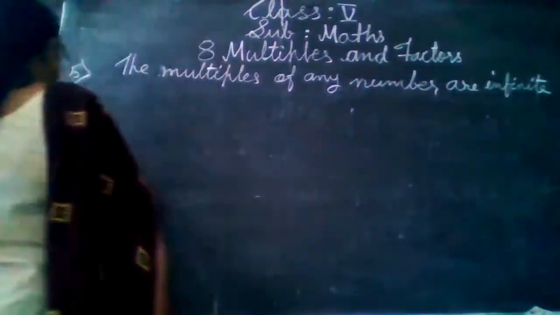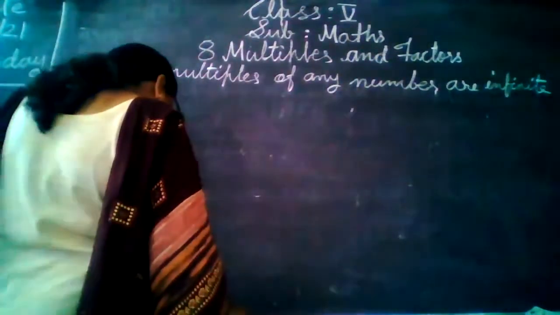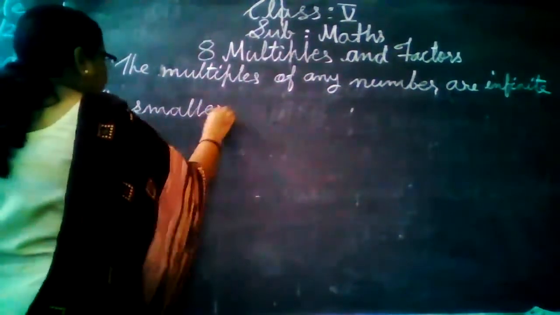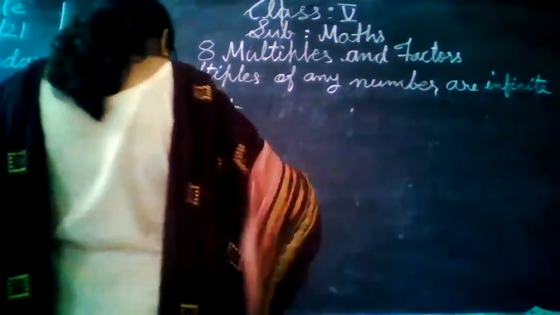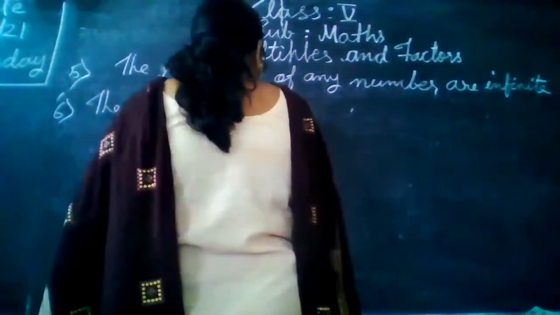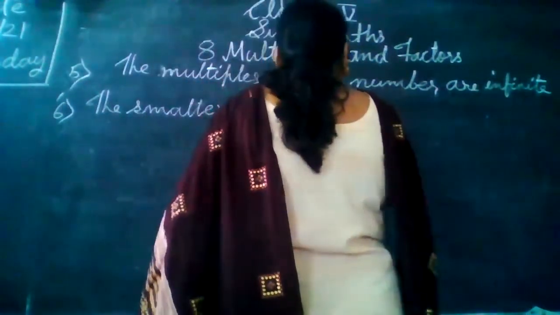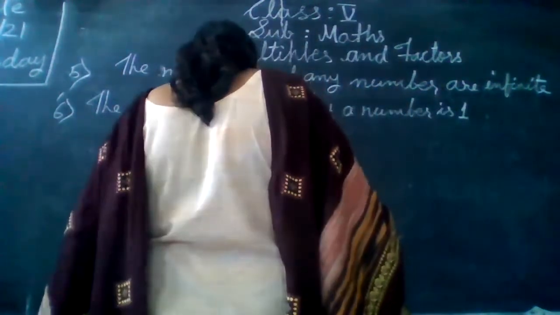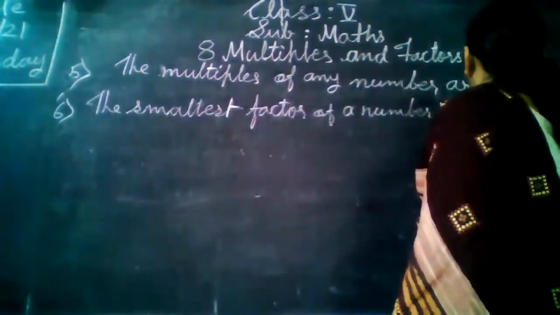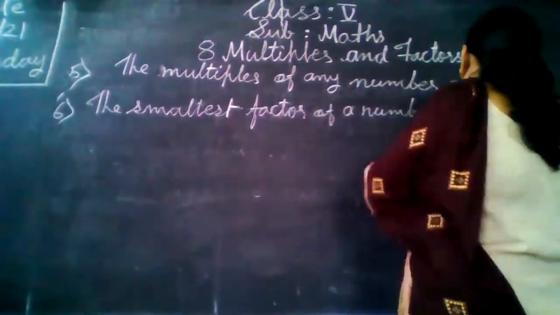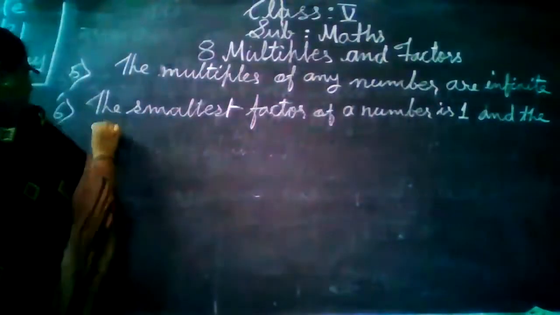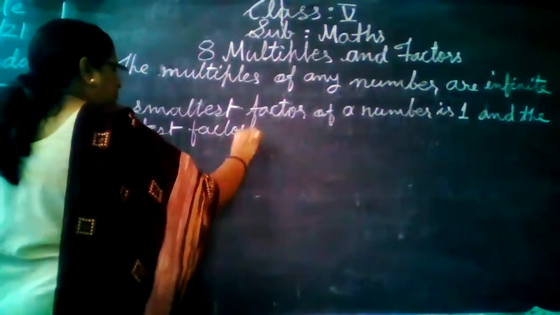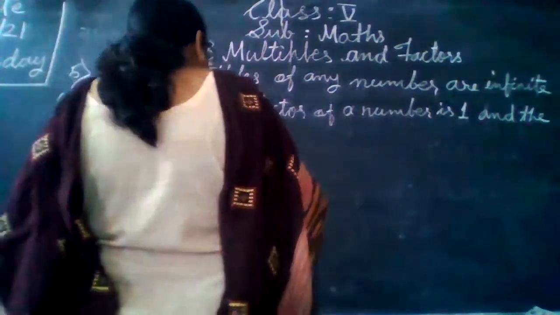Sixth point. The smallest factor of a number is 1, and the greatest factor is the number itself.